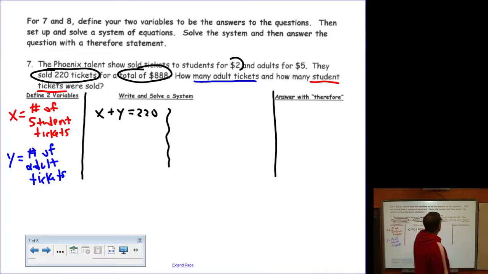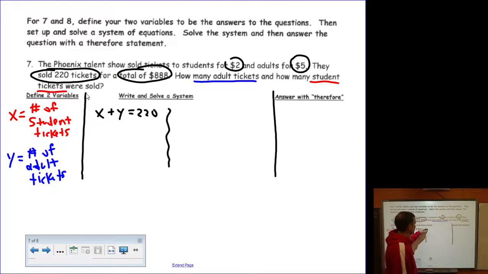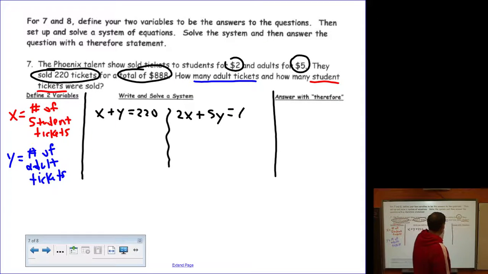Student tickets cost $2 each, so 2 times x would be the total cost of all the student tickets. And adult tickets cost $5 each, so 5 times y would be the cost of all the adult tickets. And if I add those together, I get the cost of all the tickets, which apparently is $888.